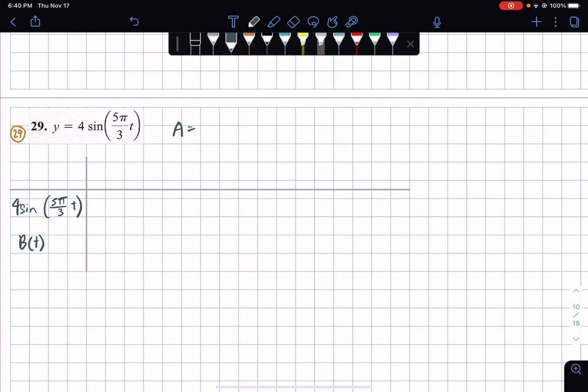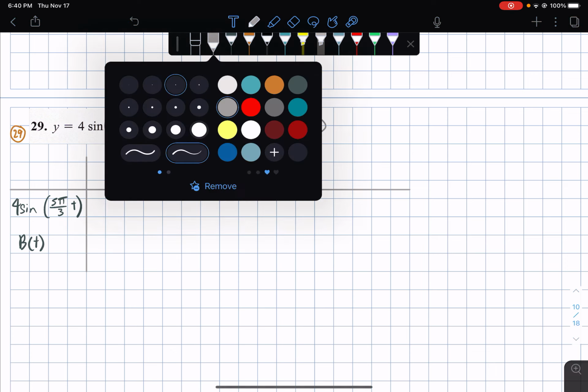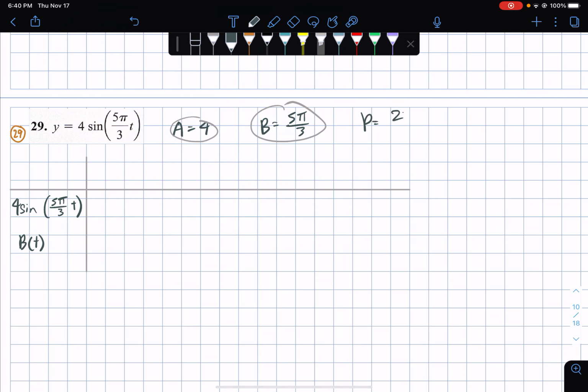So the amplitude is 4. The b variable is 5 pi over 3. The period is 2 pi over 5 pi over 3, which is, in other words, 6/5.